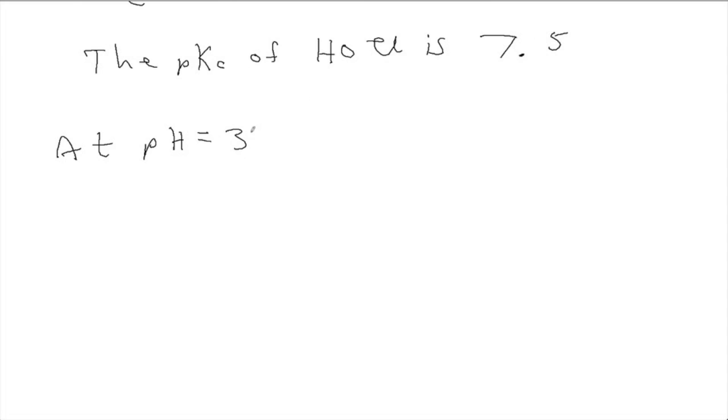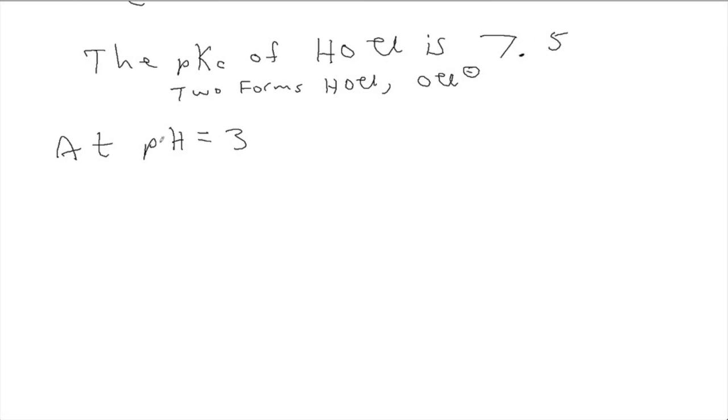Okay, so at a pH of 3, first of all, what are the two forms of HOCl? What's the other form of HOCl besides HOCl? OCl minus, rather.